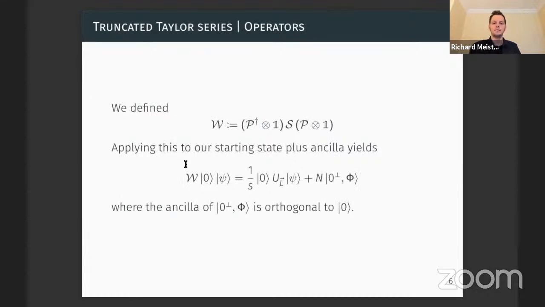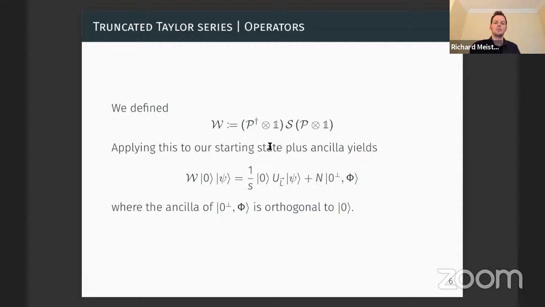So here it is again. And if we check what this does, if we apply it to a state of this form, where the ancilla is initially in 0 and we have our system state, then you can imagine this prepare first puts this 0 into a superposition of all the indices.